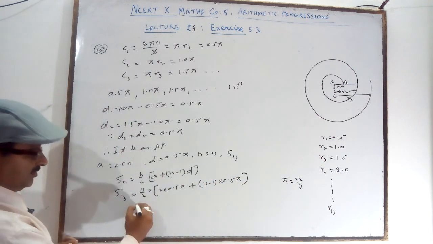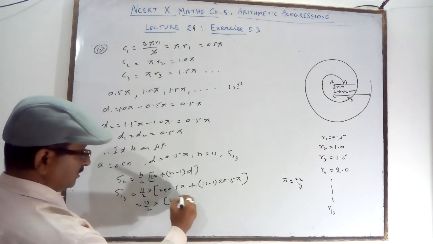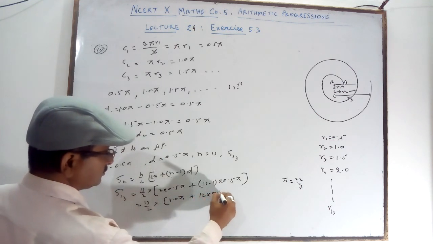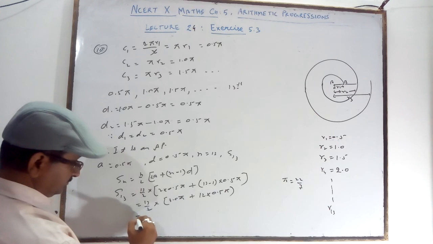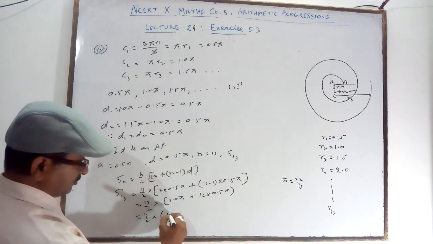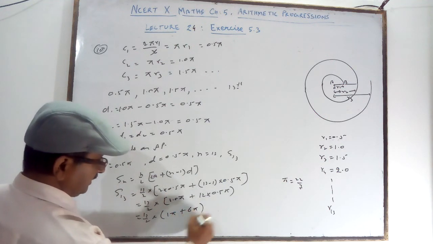At the place of this, 13 by 2 into 1.0 pi plus 12 into 0.5 pi, that is 13 by 2 into 1 pi plus 6 pi.